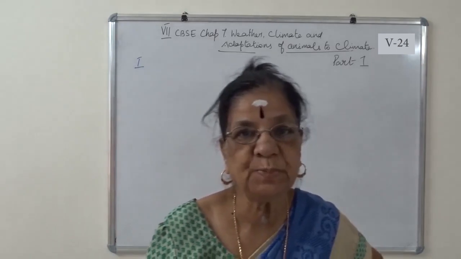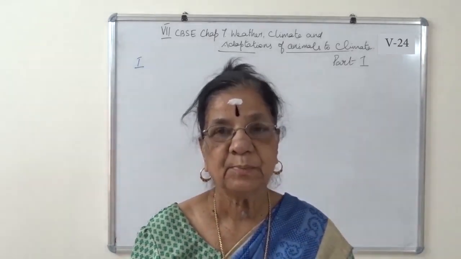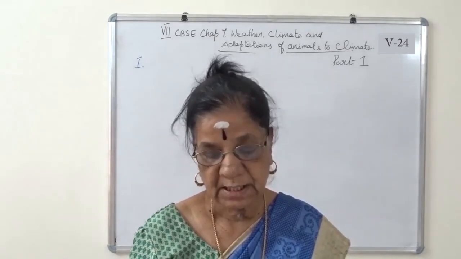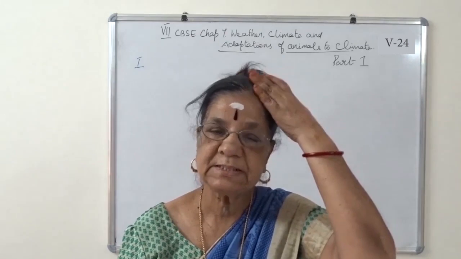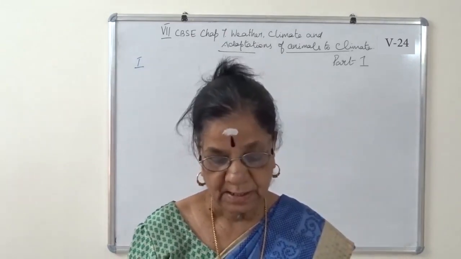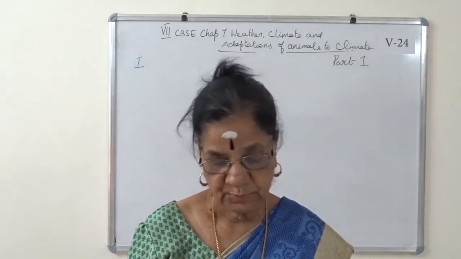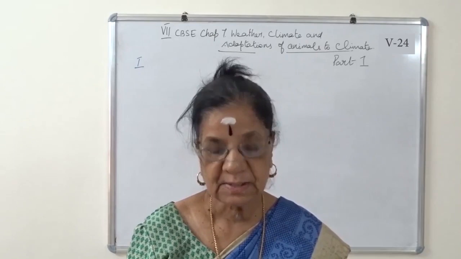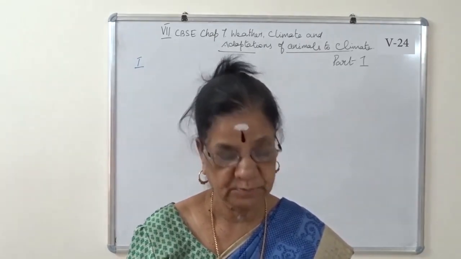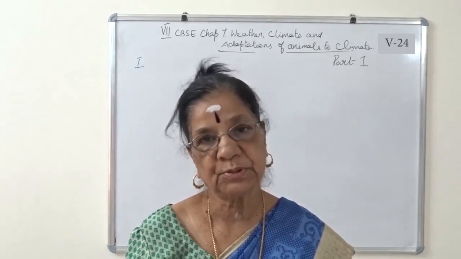Normally in newspaper we find maximum temperature, minimum temperature and then humidity and rainfall. If it rains, it is rainfall, and then sunrise, sunset, moon rise, all that we find. Yeah, that is the weather report. Normally we say it as weather report.